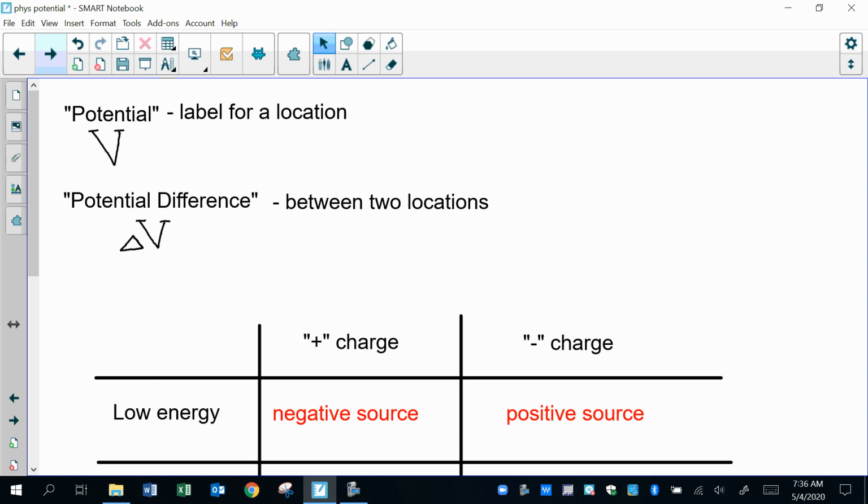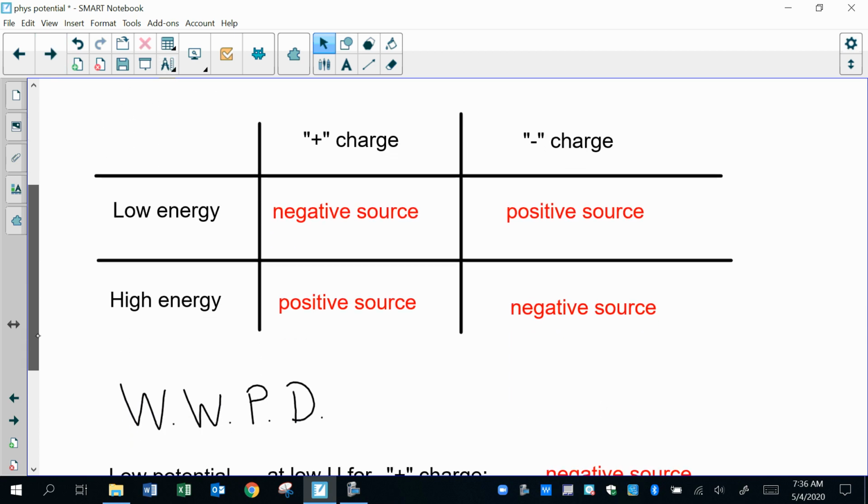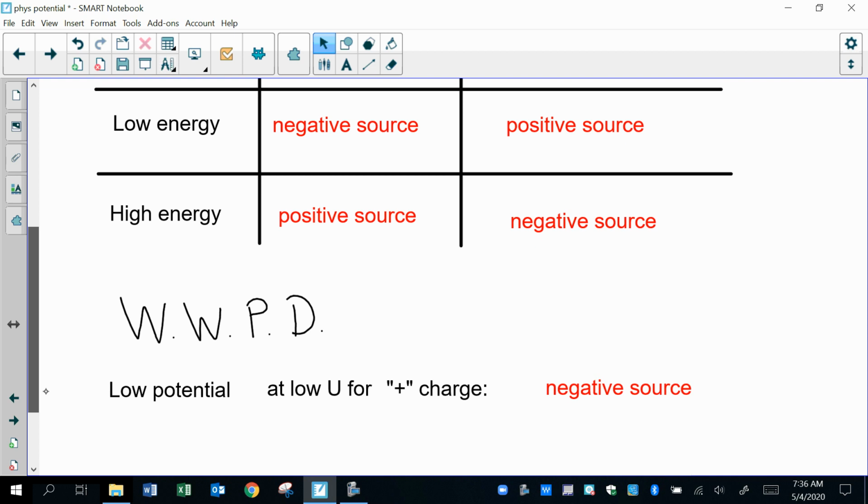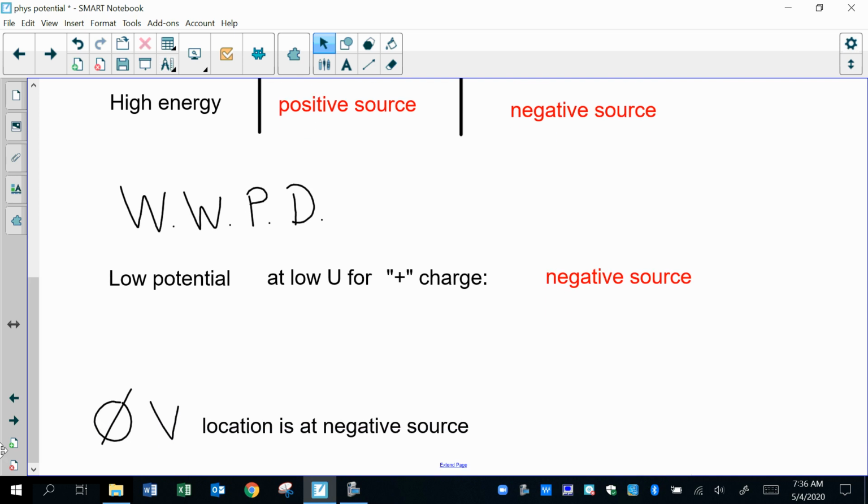So we need a rule to be made, and since we have the positive as our rule maker, I roll down. Low potential is where you have low energy for our defining charge, a positive. So our negative source is always considered the low. Our negative source is going to be considered 0.